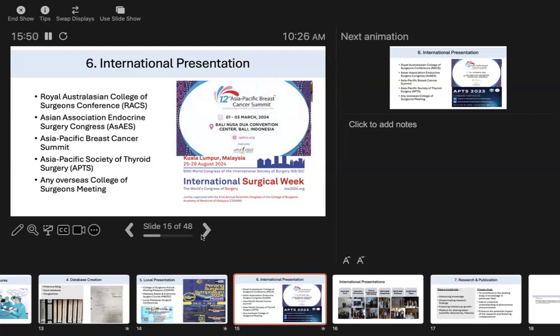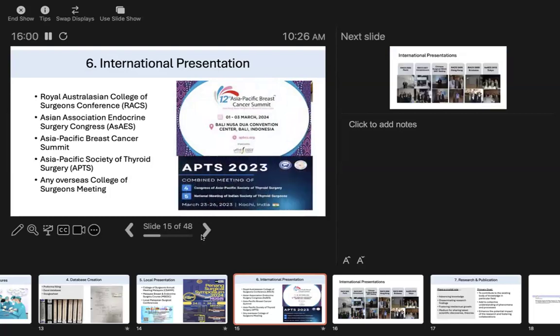And the next one, International Surgical Week, will be held in July in Kuala Lumpur. So I guess some of you may have registered yourself for this. And we also have the Asia Pacific Society of Thyroid Surgery, APTS, a 2-yearly event, and last year it was held in Cochin, India.